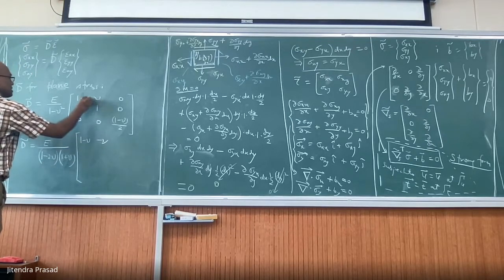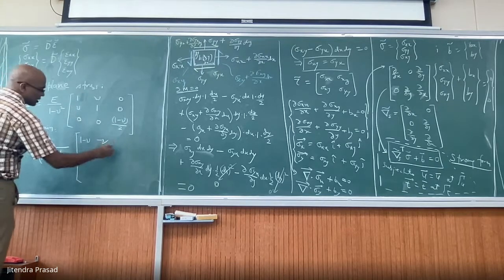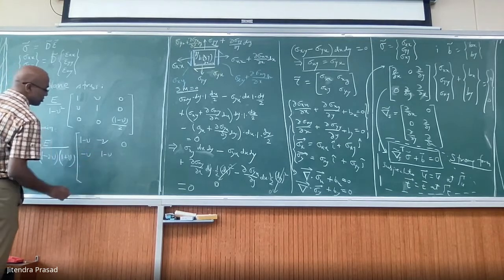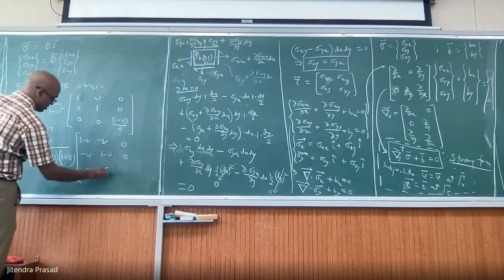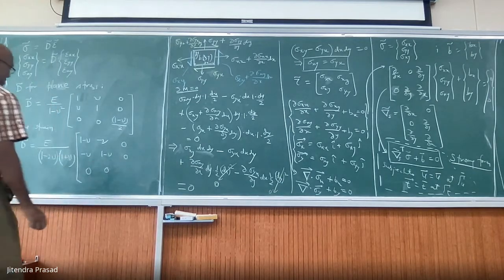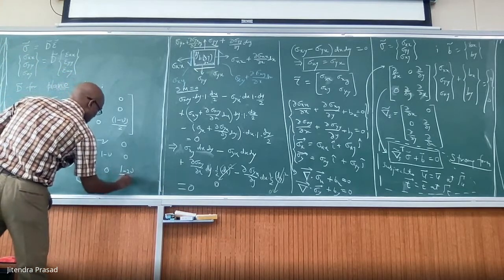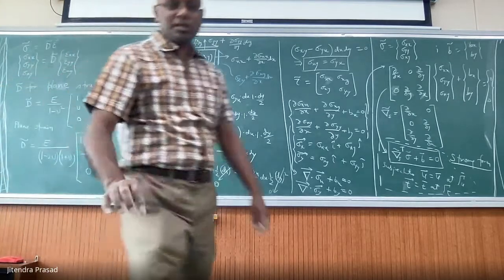Here it should be minus nu, right? Here it will be 1 minus nu, minus nu, 0; minus nu, 1 minus nu, 0; and 0, 0, and then 1 minus 2 nu divided by 2. Something you have to memorize, so let me check.